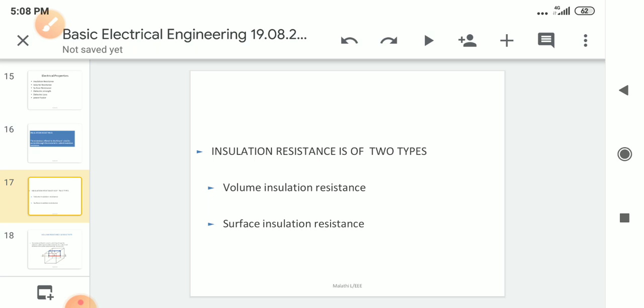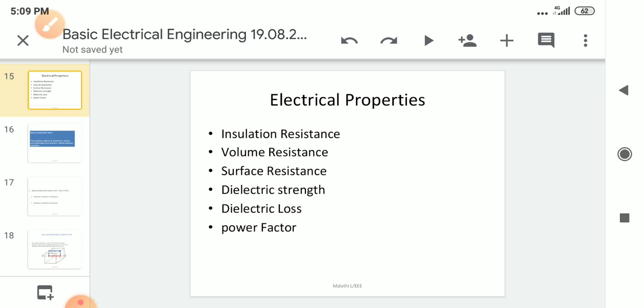What are the electrical properties? Insulation resistance. Insulation resistance covers the volume resistance and surface resistance also. After the insulation resistance, dielectric strength, dielectric loss, and power factor.